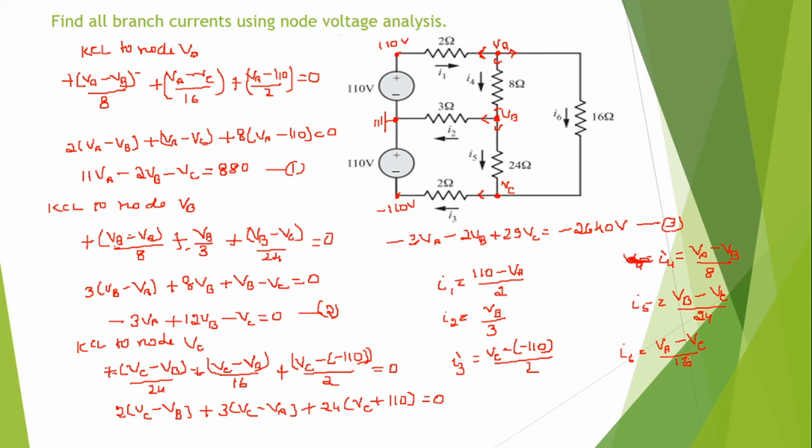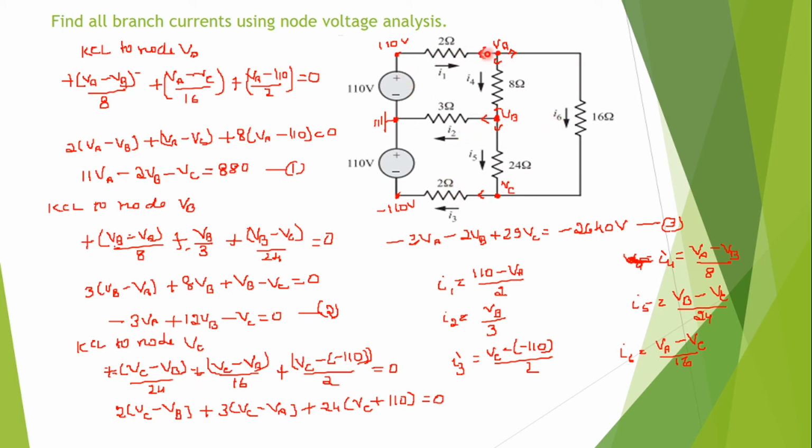So once you get VA, VB, VC using these three equations, substitute in these and you will get the answer. The required question is to find these branch currents using node voltage analysis.